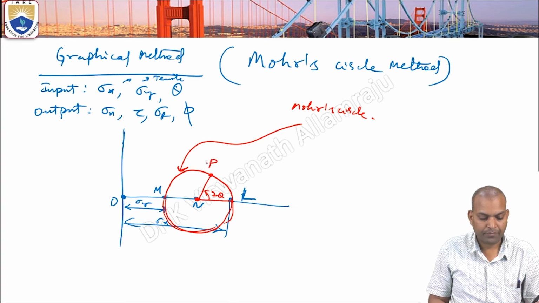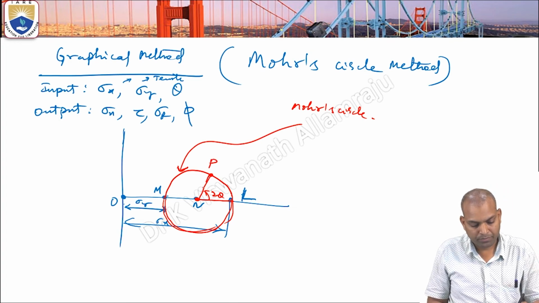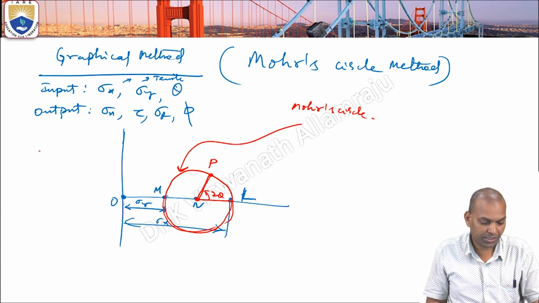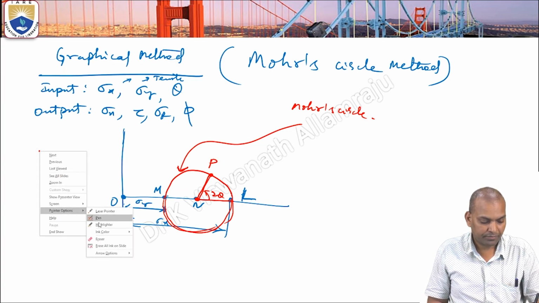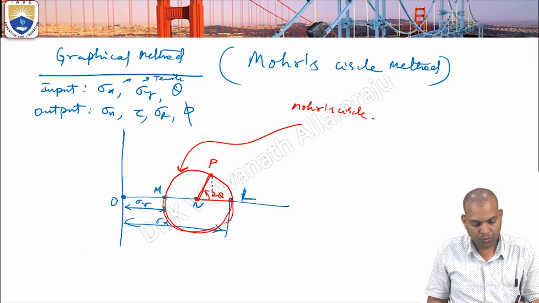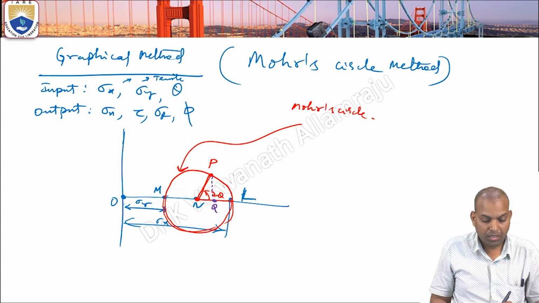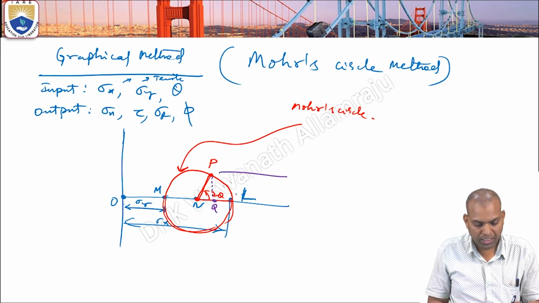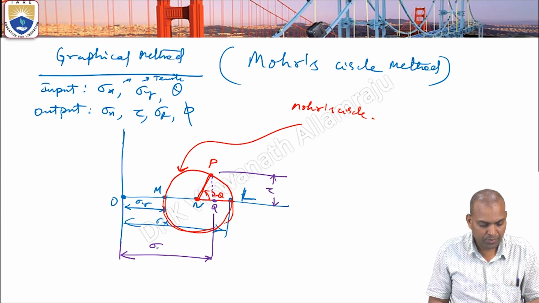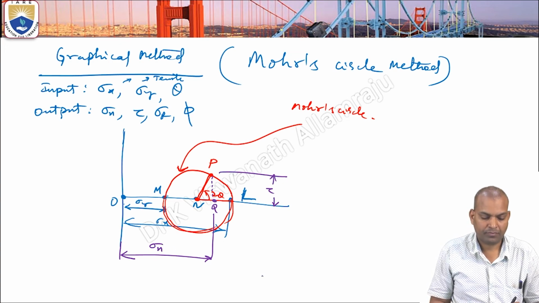Mark the point P and join N to P. Now project this point P on the OL line, that is Q. This PQ gives the shear stress tau, whereas OQ gives the normal stress sigma n.